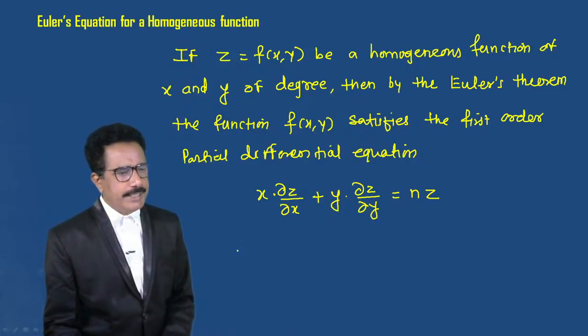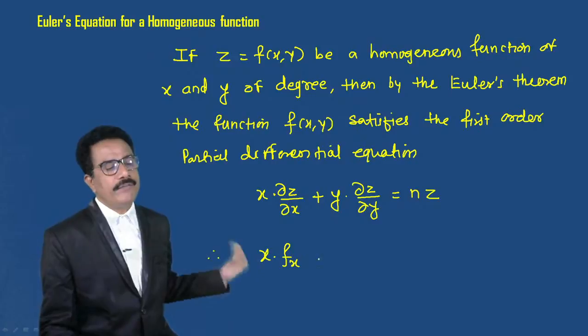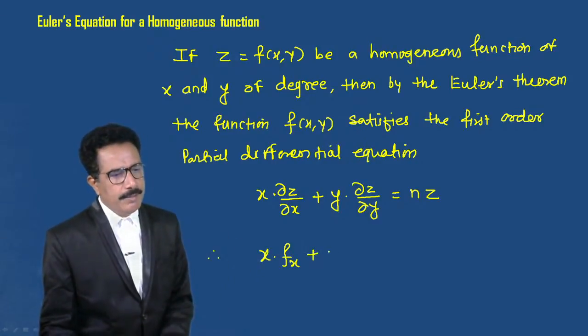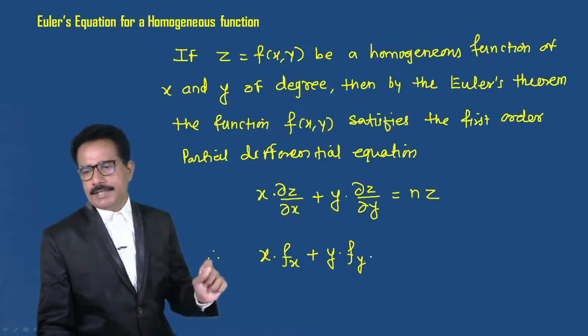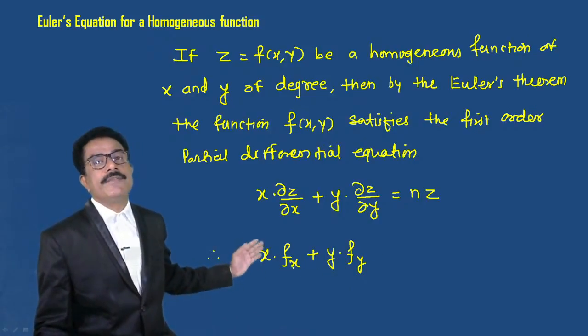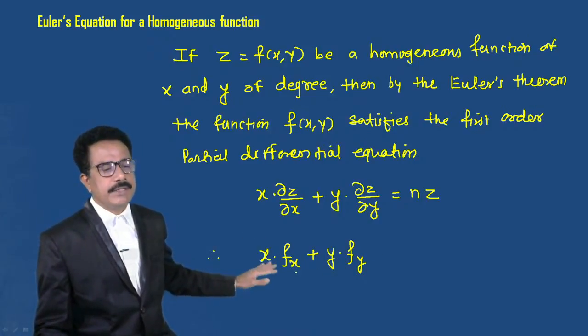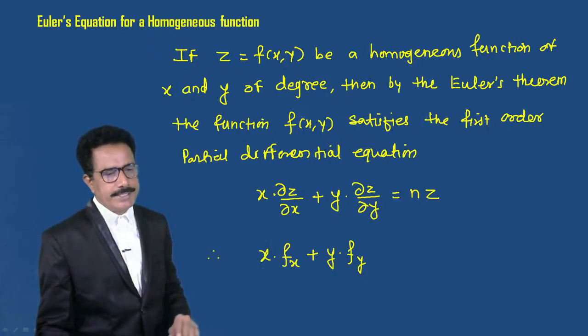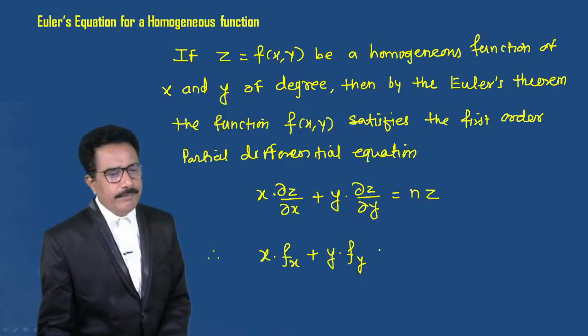Or we can also write this as x into fx plus y into fy. Here fx means the partial derivative of f with respect to x, plus y into fy, remember f suffix y means partial derivative with respect to y, which equals nz, n into f.